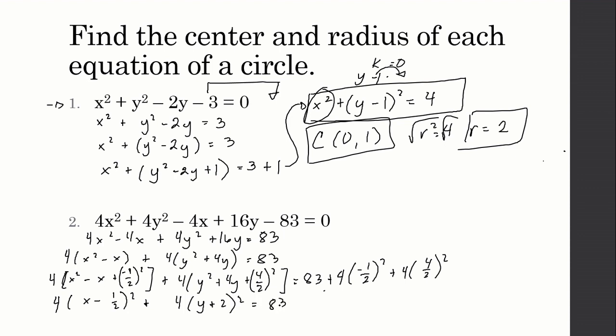equal 83 plus. For this one, it will become 1. Why? Because this will become 1/4, then times 4. 4 cancel, and it will become 1. Plus, so for this one, it will become 2 squared, that is 4.